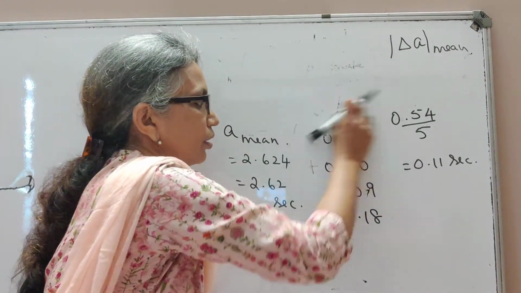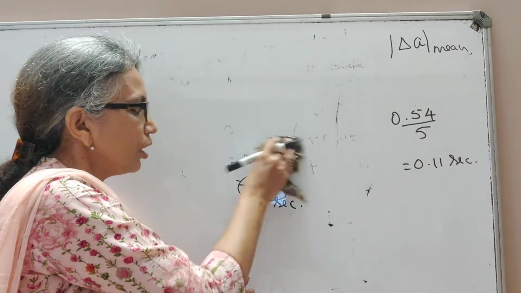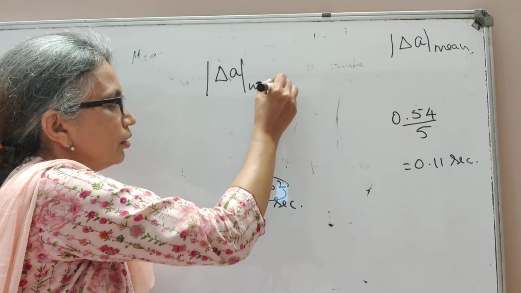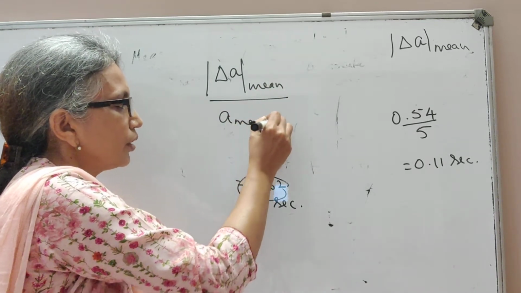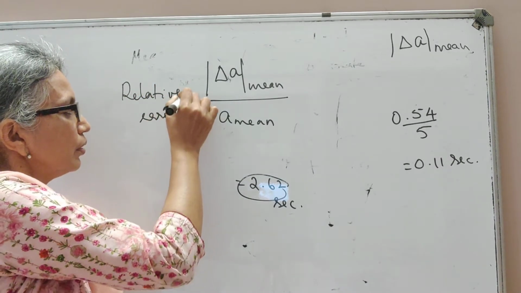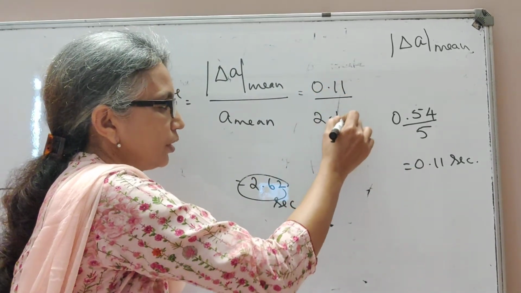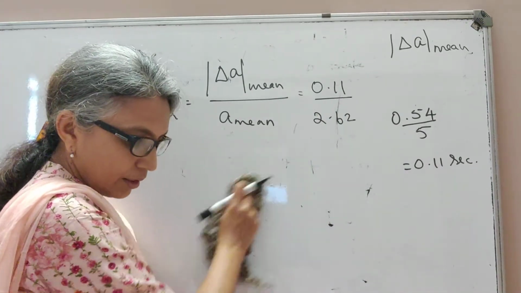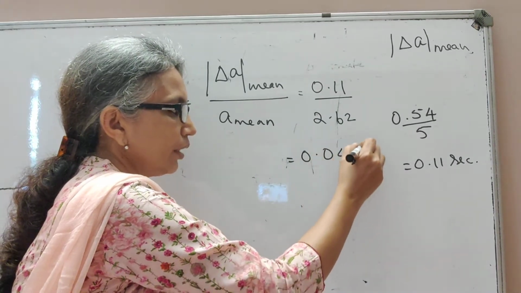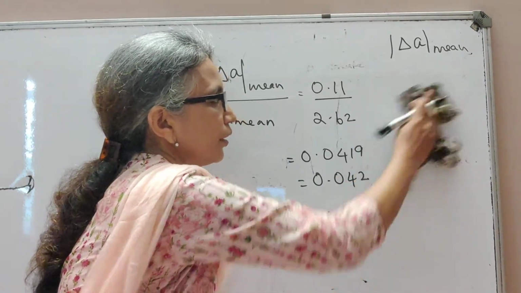So, a ratio of delta A mean to A mean is what you call as the relative error. So this will be delta A mean, 0.11, divided by 2.62. I got the value as 0.0419. I rounded it off to 0.042. Okay, so this is called the relative error.